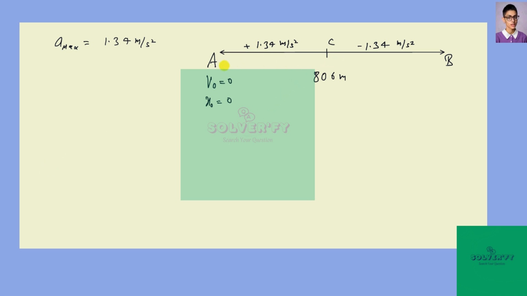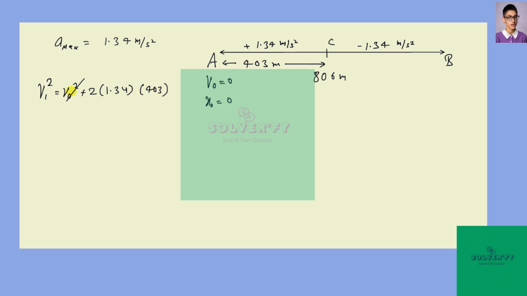At the midpoint, AC would be 806 divided by 2, which is 403 meters. Now we have the formula V1 square equals V0 square plus twice the acceleration, 1.34 meters per second square, multiplied by the distance, 403 meters.